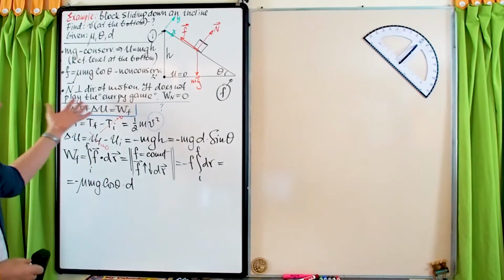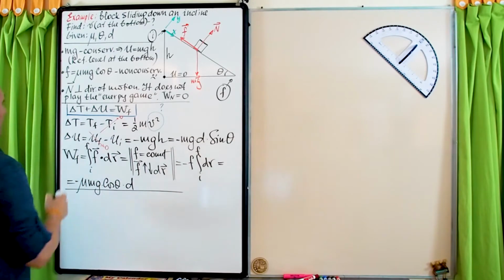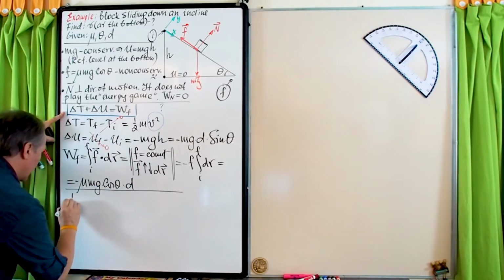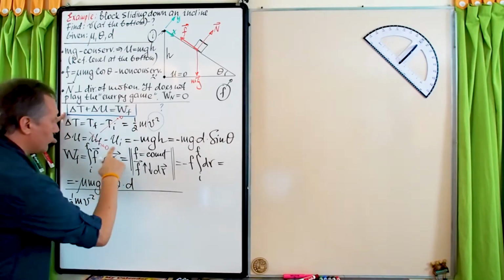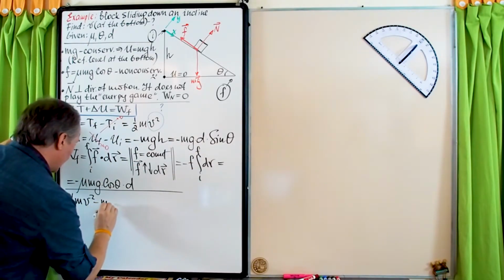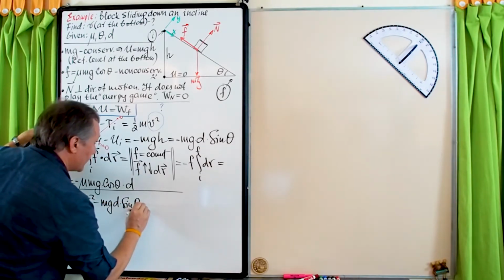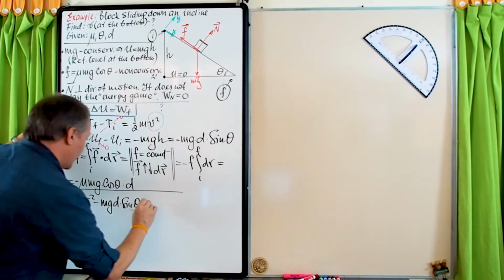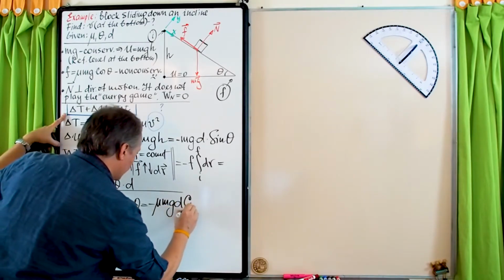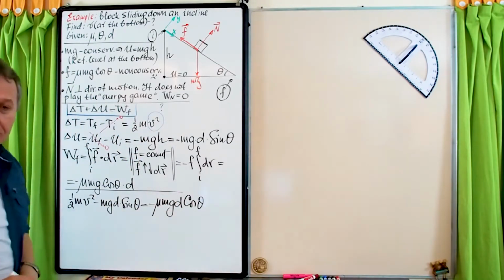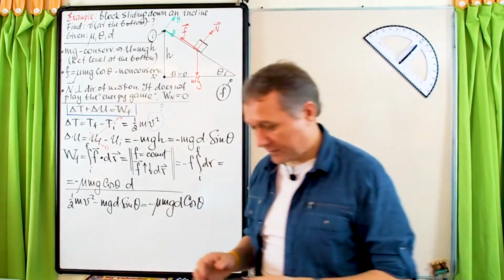Okay, now we need to put it all together. So delta T is 1 over 2 m v squared, delta U is minus mg d sine theta, and that is equal to W_f, which is minus mu mg d cosine theta. So now we can do this mass reduction, right?